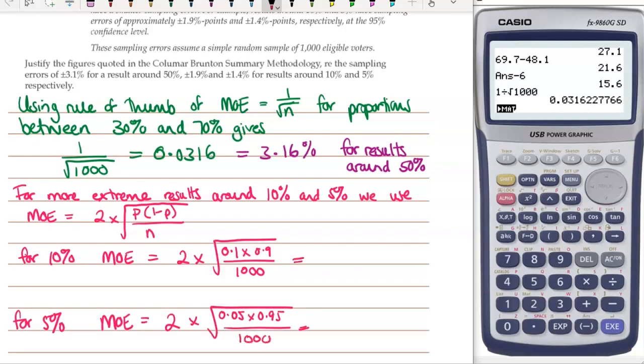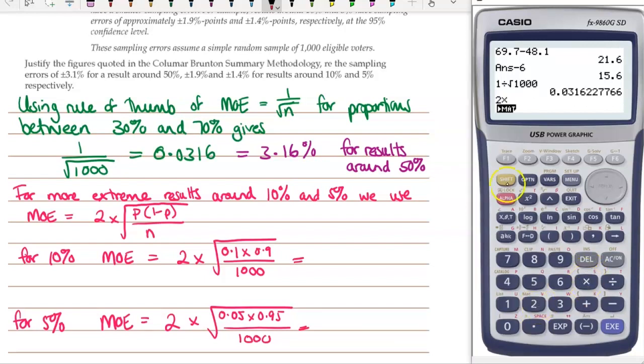Just work those two out. So 2 times the square root of 0.1 times 0.9 divided by 1,000. Just pop brackets in to make sure that's all caught under the square root symbol.